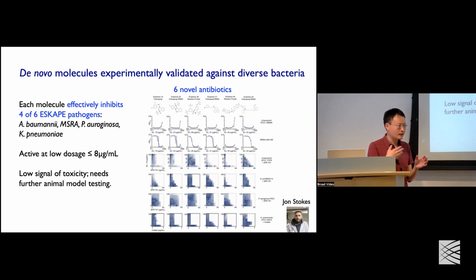So we're optimistic that that'll be a bigger barrier. But that being said, we do expect the bugs to develop resistance to them at some point. The nice thing about this process is that it's very fast, right? The whole process from the AI drug generation, synthesis, and testing took about 2 months. And I think a few weeks of that was just to get the molecules back from Ukraine. So hopefully that potentially shortens the development process so that we're developing much faster compared to the time scale of the evolution of the bugs.